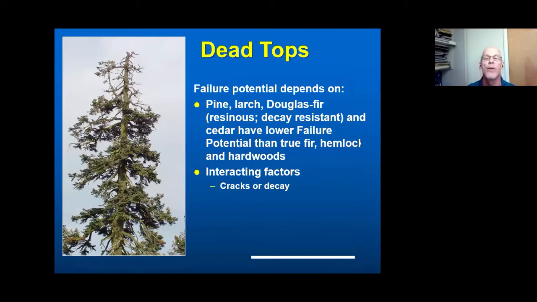If you get into true firs and hemlocks and hardwoods, dead tops are a much more consequential thing. Resinous species tend to be able to hang on to dead tops for a pretty long period of time. Some interacting factors that we're going to be looking for when talking about dead tops are cracks or decay. If those are present, it's going to bump it up a category.